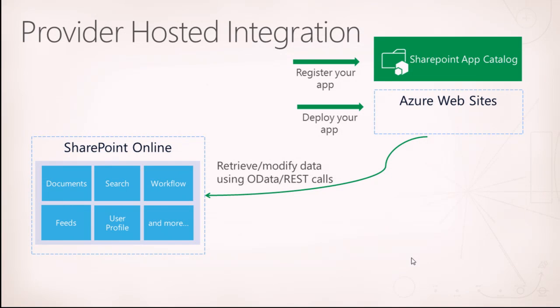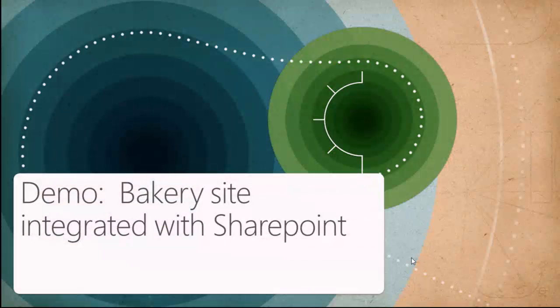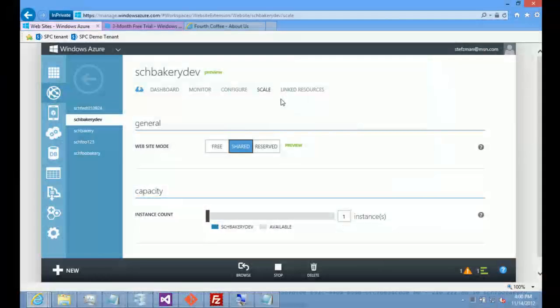And similarly, using some other advanced functionality called event receivers, you can configure SharePoint Online to call back into your web app that's running out there on Windows Azure. For example, you can have SharePoint notify you that maybe someone added an item to a document list. So with that brief walkthrough of the integration options, I'll shift back to my laptop.